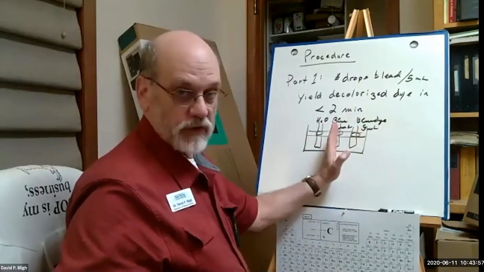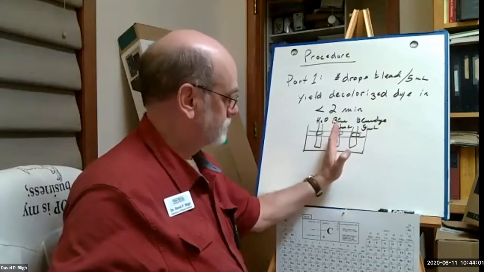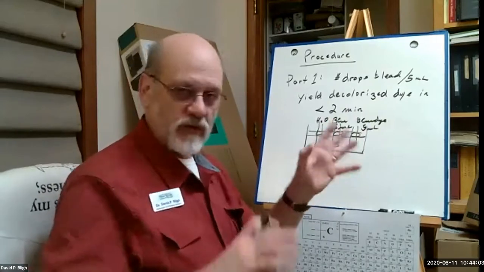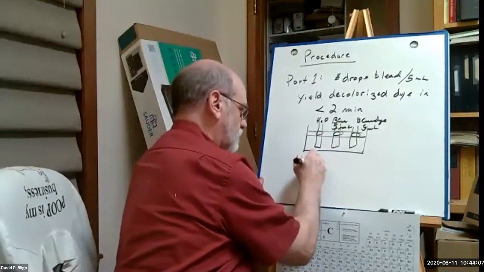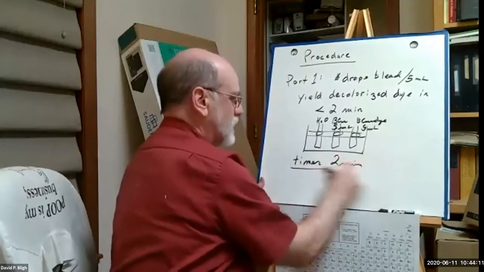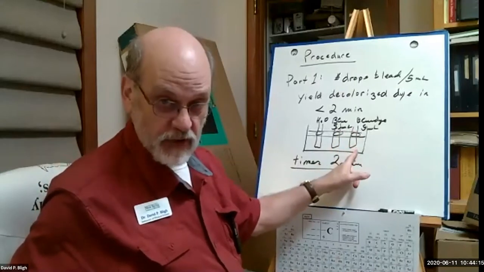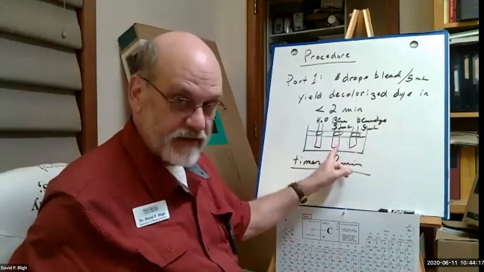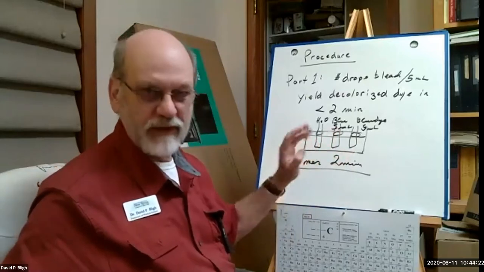And this one's the one you're going to add drops of bleach to it. Right? So if you add so many drops of bleach to that, start your timer. Timer for 2 minutes. And then you watch as this stays dark blue, this one fades, and it approaches the color of water. It'll never get there.